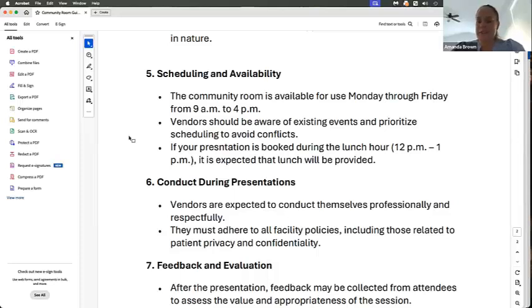There's exceptions, of course, for certain groups. But if it's a single presenter, we like to keep it between 9 and 4. To be honest, you're not going to get people there at 8 a.m. anyways. But the vendor should be aware of any existing events. That, of course, is my job, to make sure that you're not scheduling on top of somebody else.